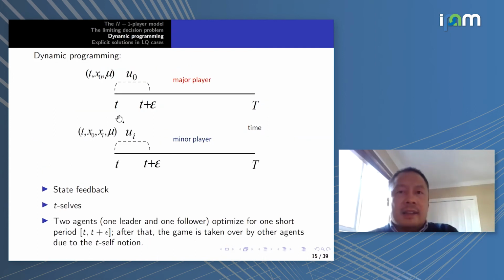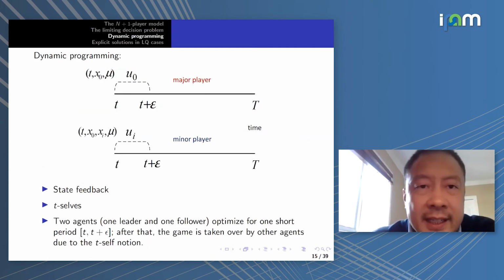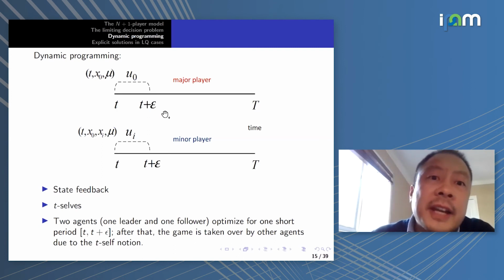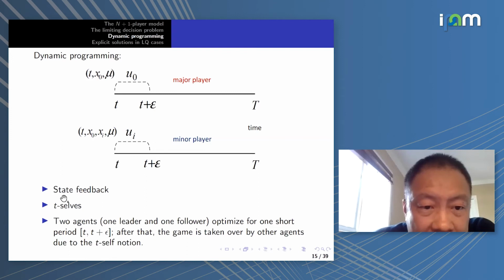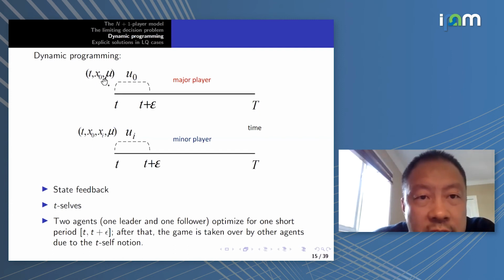So now let's check how dynamic programming works for our model here. The idea is here. First, we consider state feedback. For the major player, he or she would see a state including its own state and the mean field.